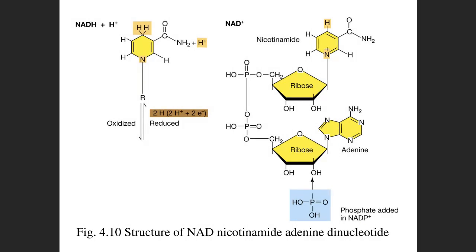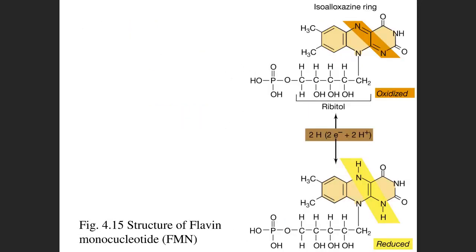And so we talked about the NADH before, the electron carrier. And then in addition to that, you have FADH that can carry electrons as well. So the difference is here.